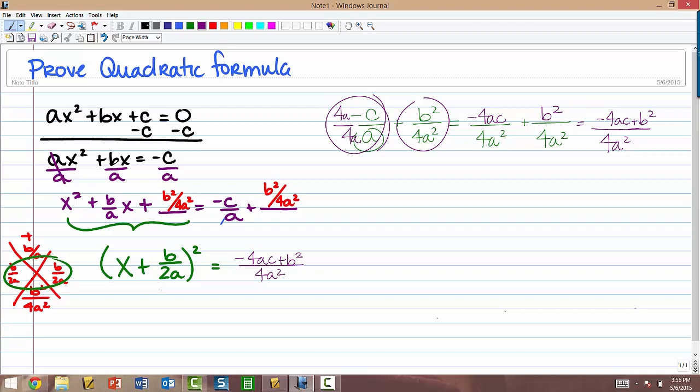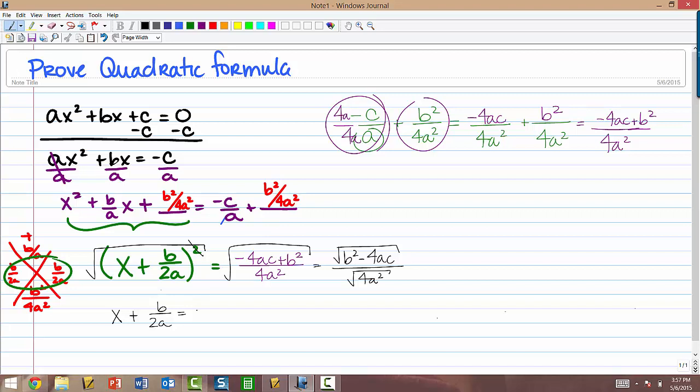Now to solve this, what we have to do is take the square root of both sides. So the square and the square root cross off, and I get x plus b over 2a, and that equals the square root of all of this stuff. And remember, we can split the square root up. I'm going to rearrange this so it looks like the quadratic formula.